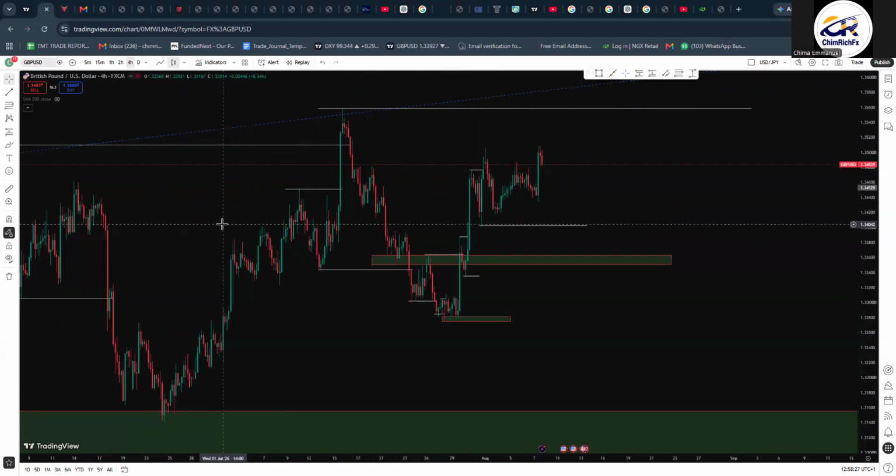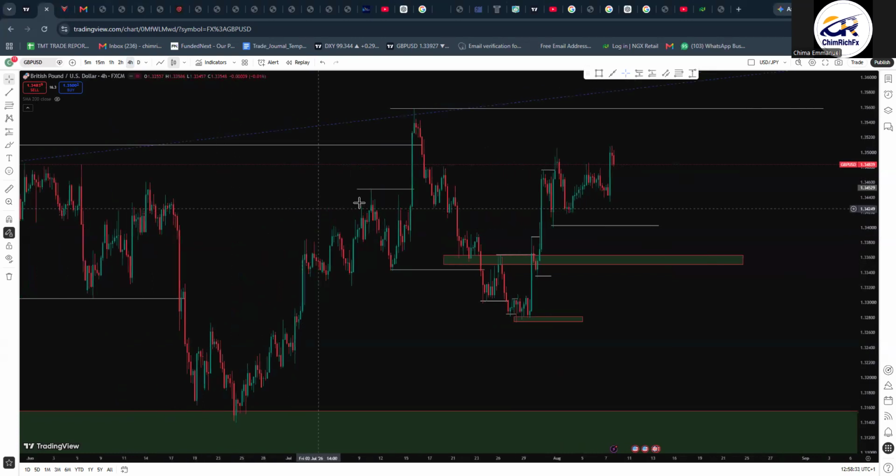Now, let's break it down to the 2 hours, where we can see the structures more. I have this here because this signifies a change of character for a sell, right? Because we have this structure high, low, and the market took it out.